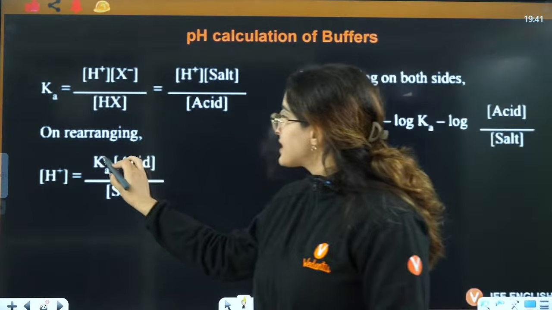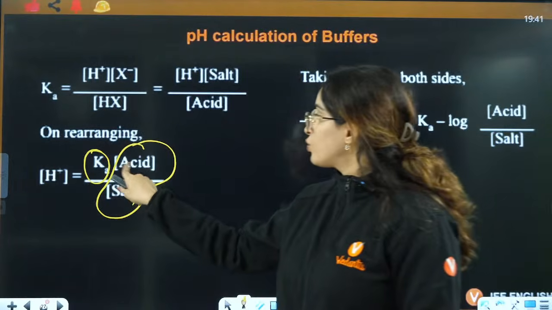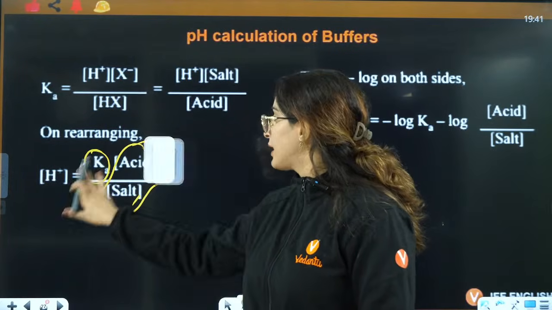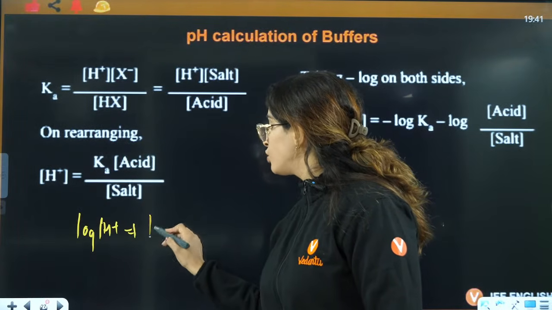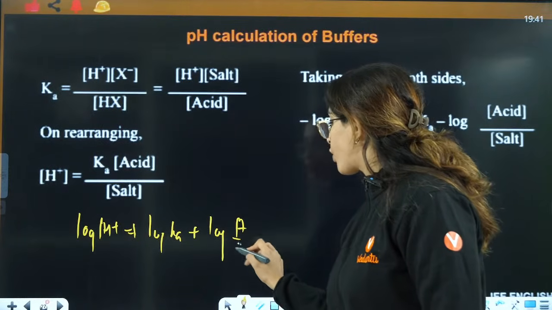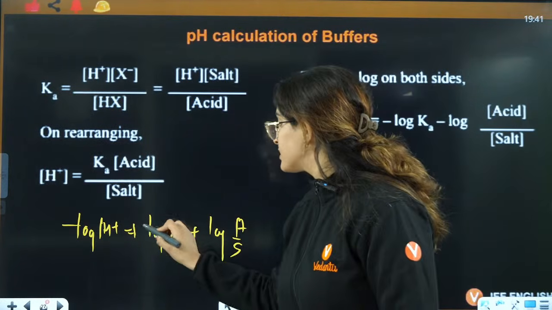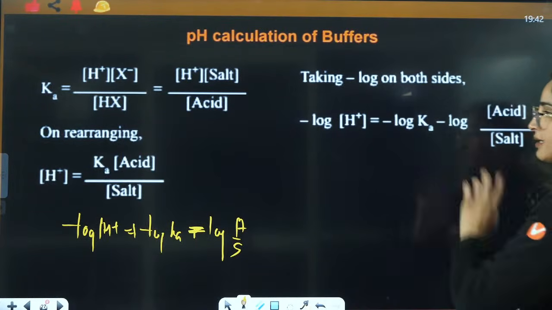I am taking this as one quantity and this as one quantity. When two things are in multiplication and you take the log, it becomes log of H equals log of Ka plus log of acid by salt. Then you put minus throughout.